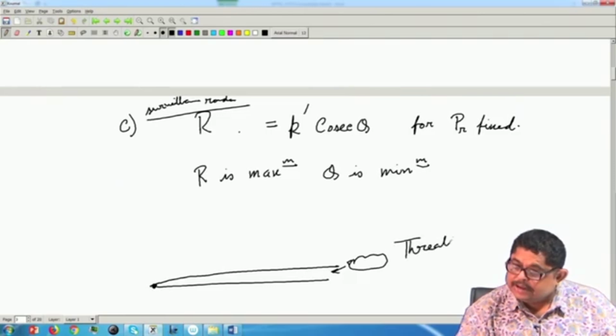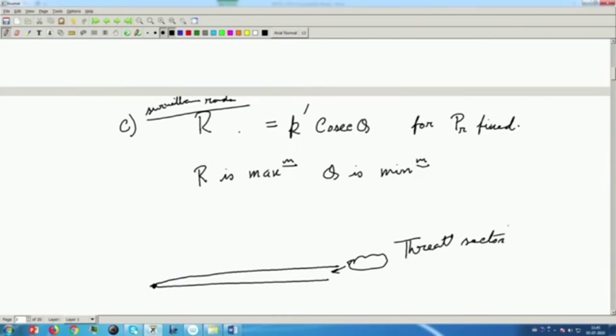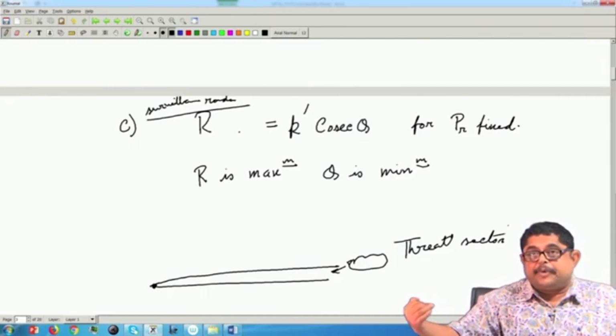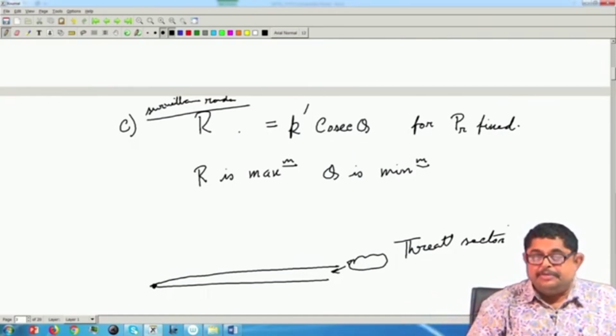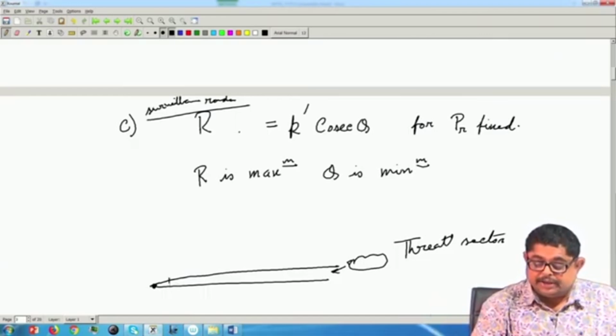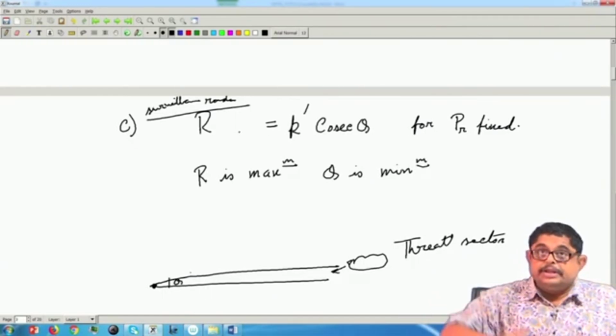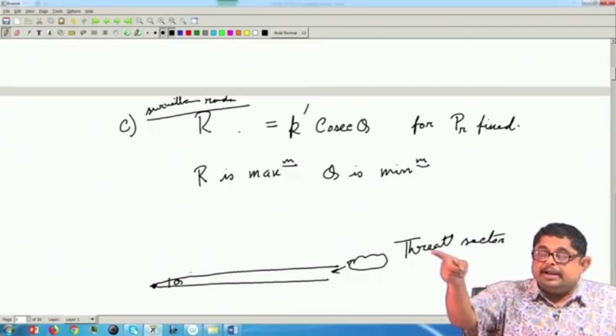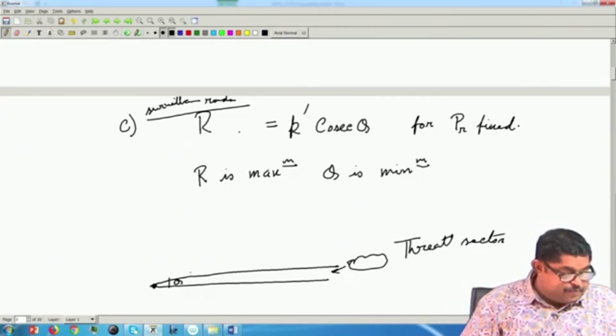In the threat sector, the radar will be able to see at the maximum range, because R is maximum when theta is minimum. An enemy aircraft is coming from a very low observation angle, very low elevation angle theta. So, there the surveillance radar can see at the maximum point.